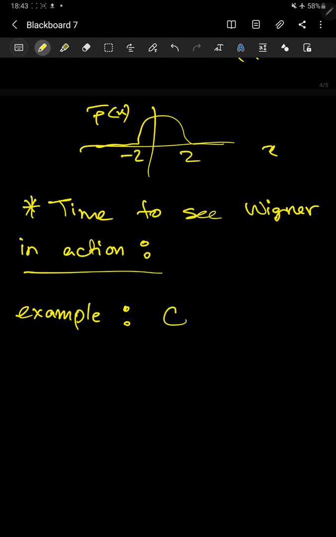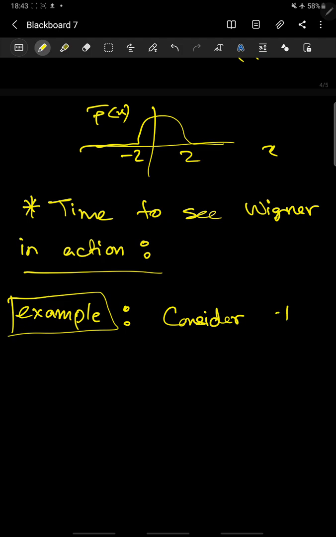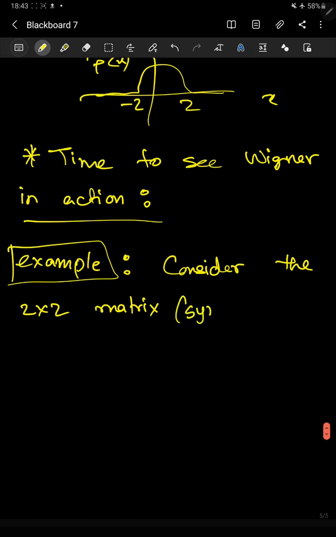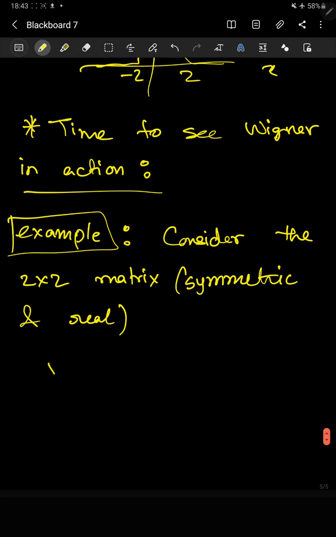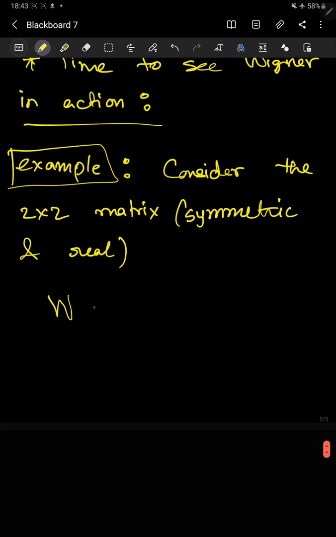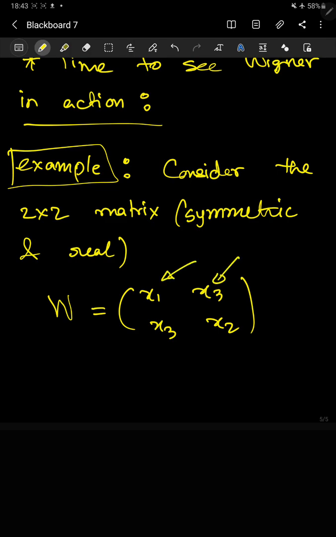Consider the 2 cross 2 matrix that is symmetric and real. That is, it's the matrix W. So it looks something like this. And as I told you, we are dealing with a random matrix. These elements are all random variables.